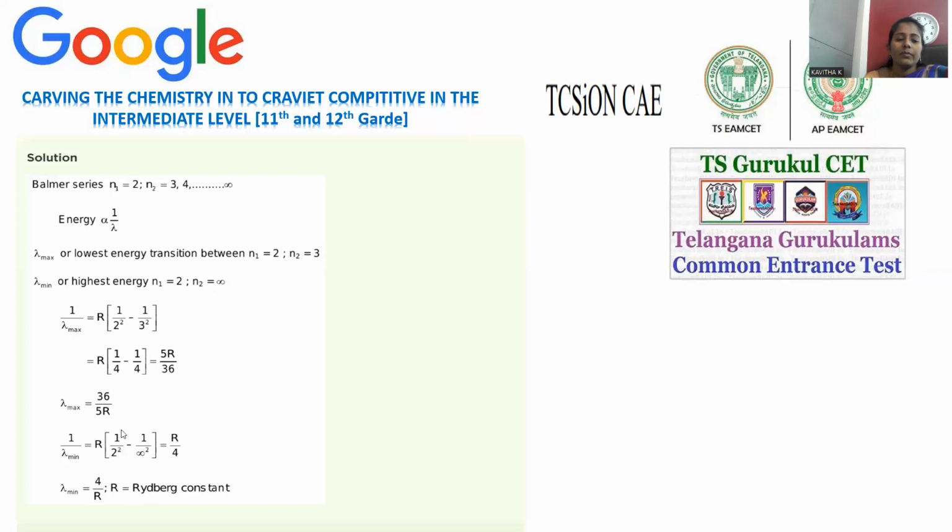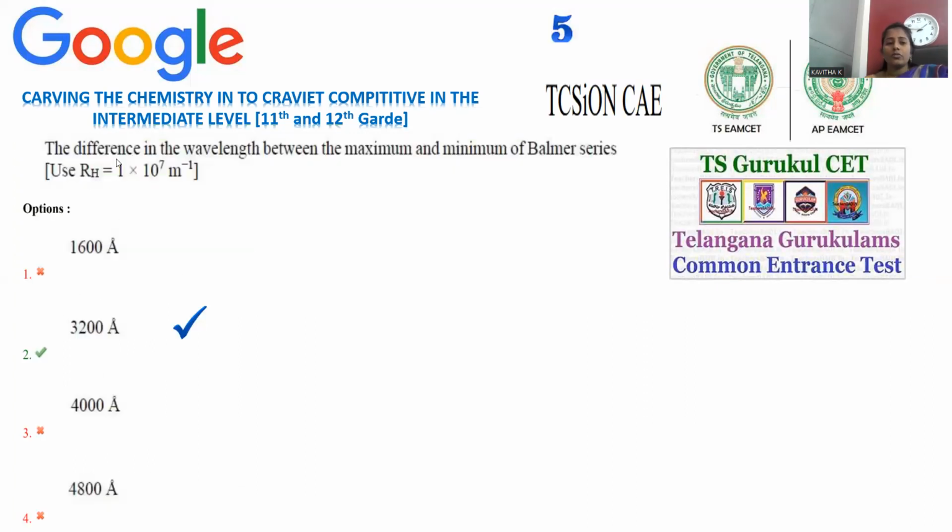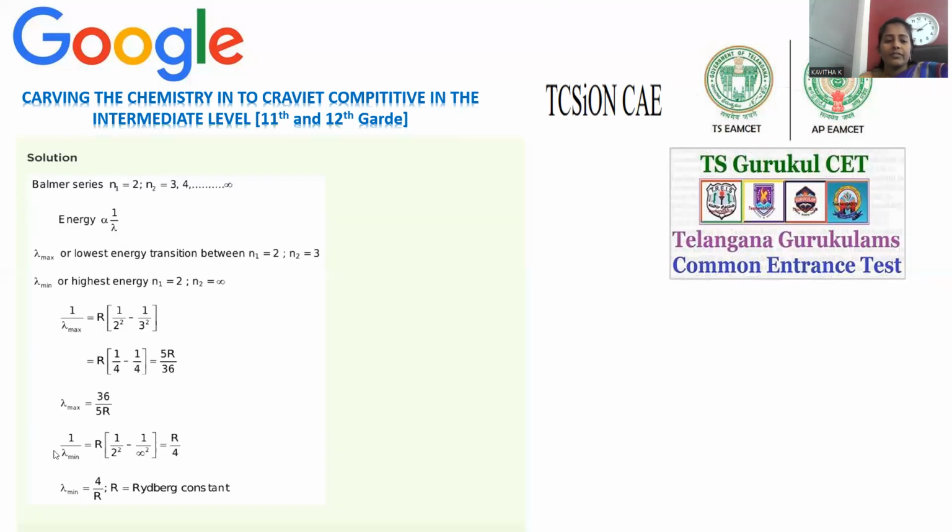So the value becomes R into 1 by 2 square, which means 4. R into 1 means R by 4. R by 4 is the value for 1 by lambda minimum. Then for lambda minimum, the equation will be reversed and you will get lambda minimum is equal to 4 by R, where R is the Rydberg constant whose value is known to you, 1 into 10 to the power 7 meter inverse.